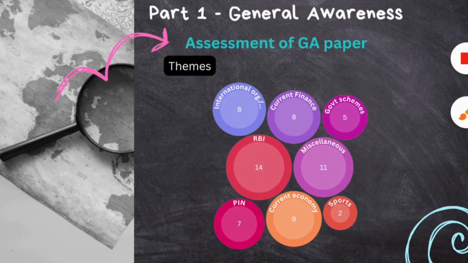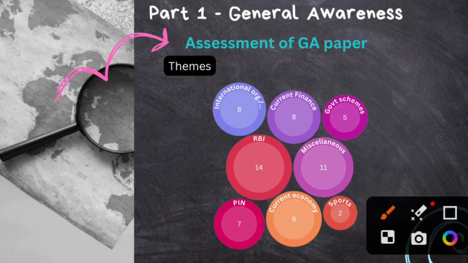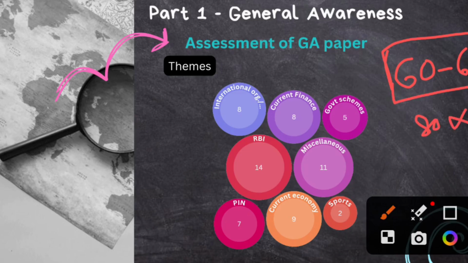Now I have broadly divided the themes on which questions were asked last year. I could only find around 60 to 65 questions because, firstly, many people have not seen all 80 questions.